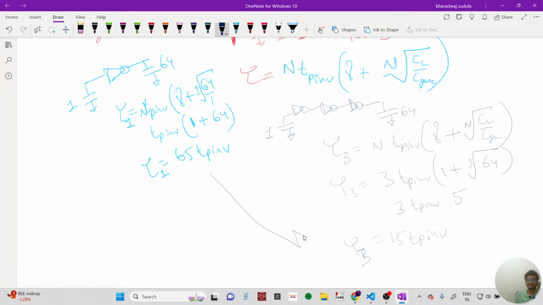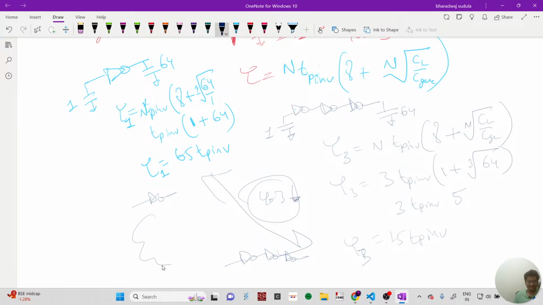So the difference, it's almost 4 times less, 4.3 times less. This is a single inverter, this is a chain of 3 inverters. Delay has reduced by 4.3 times.